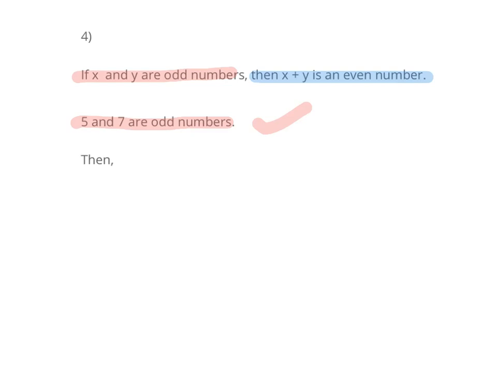So if we have P, then Q is true, and P is true, therefore Q is true. So what can we conclude from this about 5 and 7? The sum of x and y is an even number. So the sum of 5 plus 7 is an even number.